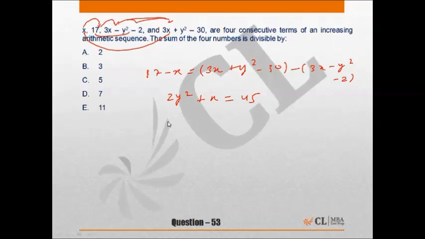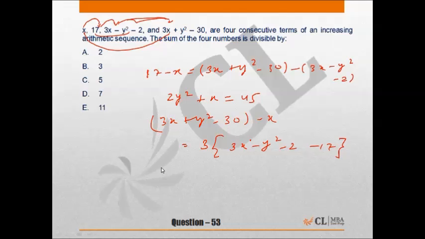So from here we get 3x plus y square minus 30 minus x equals 3 times of 3x minus y square minus 2 minus 17.